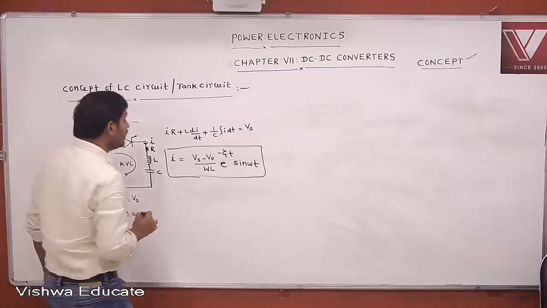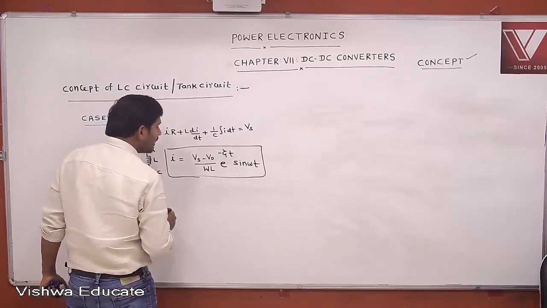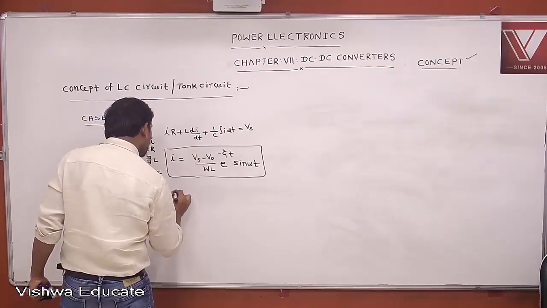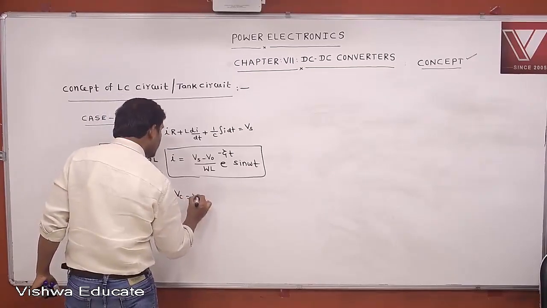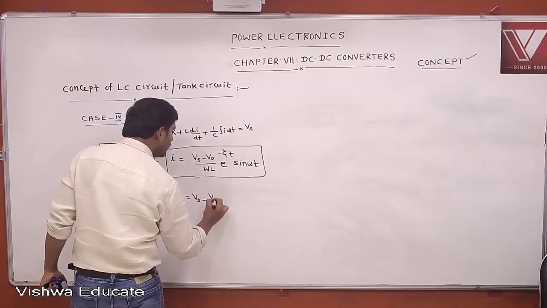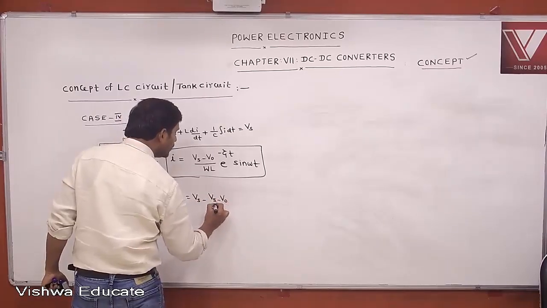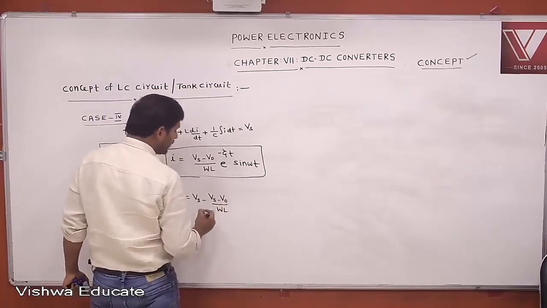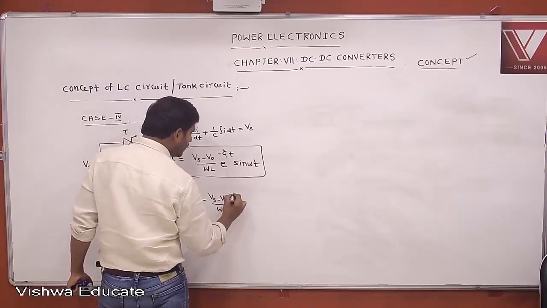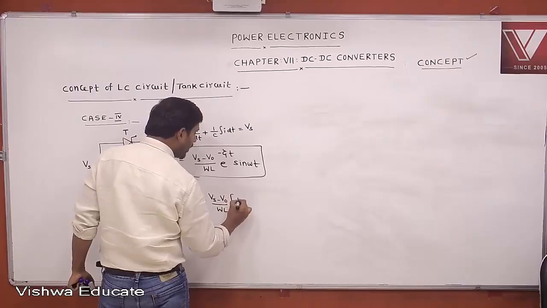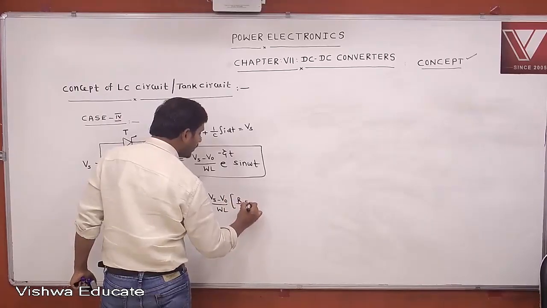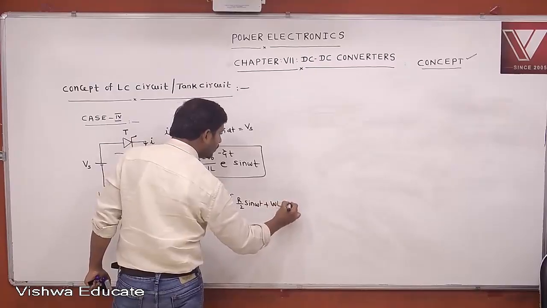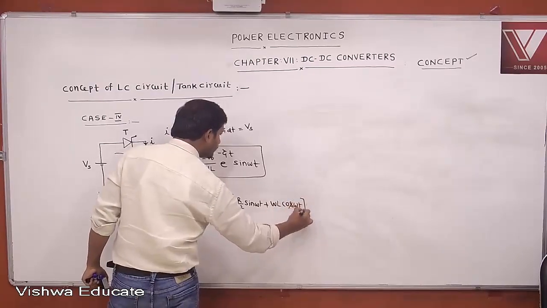Okay. I equal to Vs minus V0 by omega L into e power minus zeta t into sin omega t. The expression for voltage across the capacitor is Vs minus V0 into omega L. This you write: R by 2 into sin omega t plus omega L into cos omega t, into e power minus zeta t.